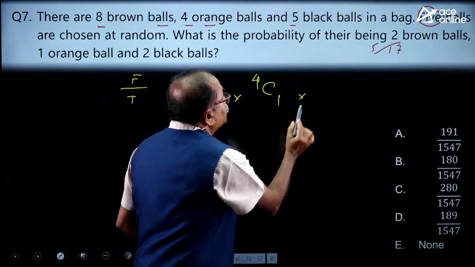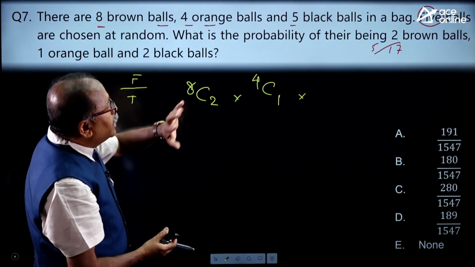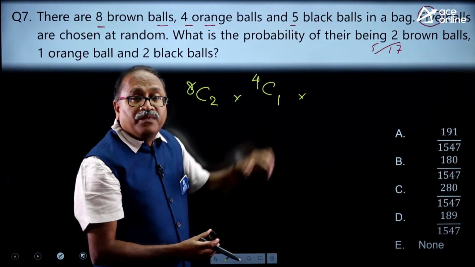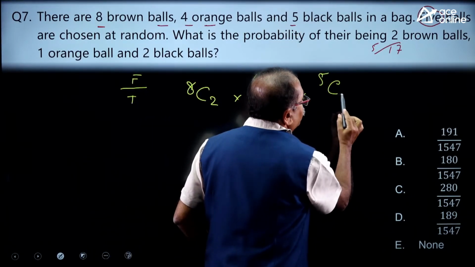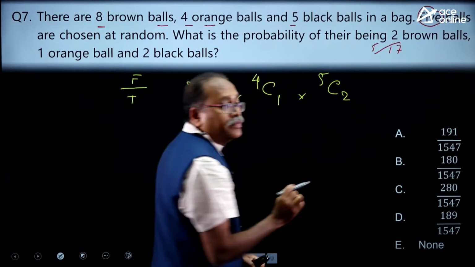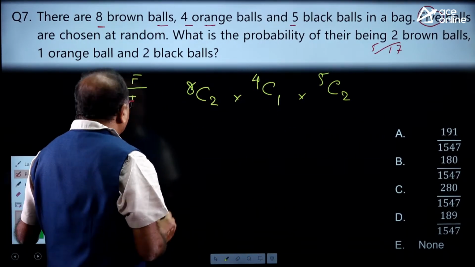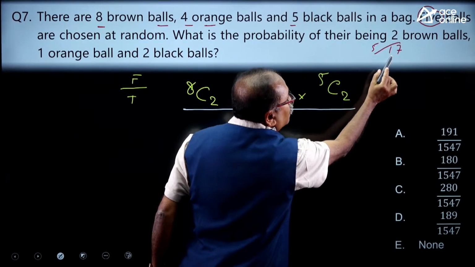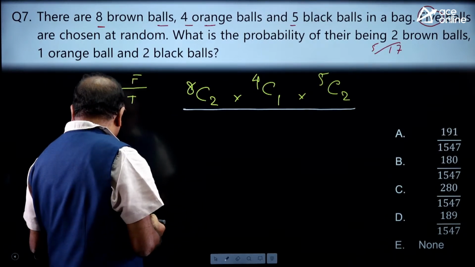Okay, and the next one, you need 2 black balls, and the total number of black balls is 5. So how many ways you can select 2 out of 5? So 5C2. This is my favorable outcome. What is my total outcome? The total outcome is I need to select 5 out of 17. How many ways you can select 5 out of 17?